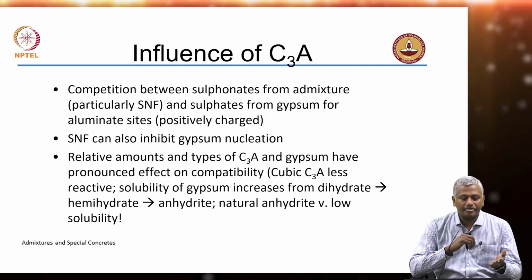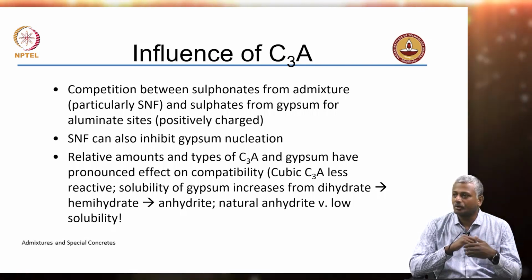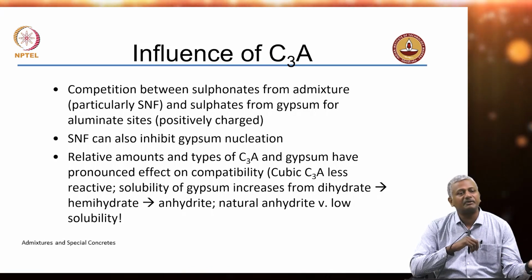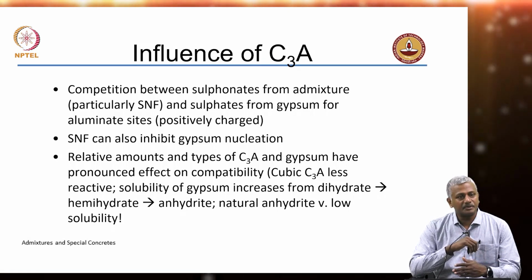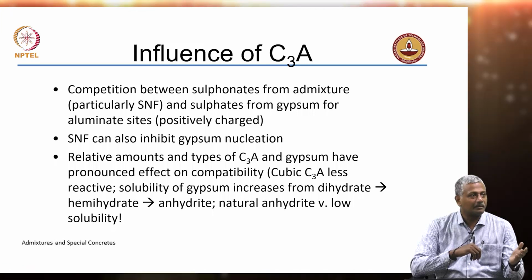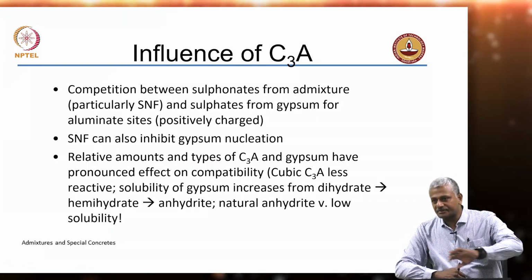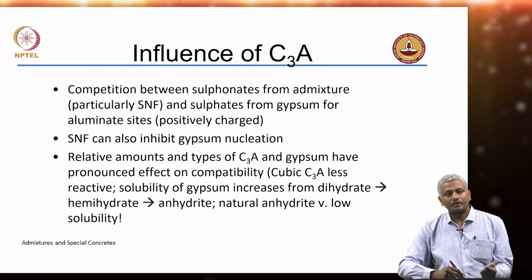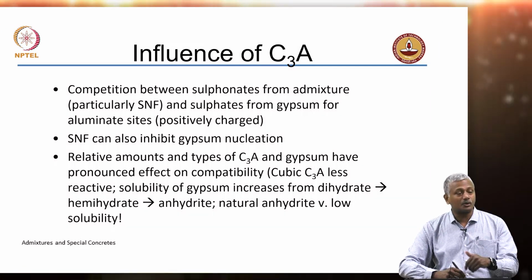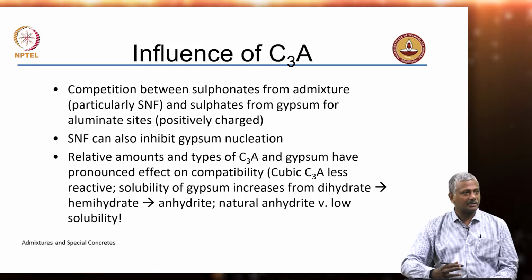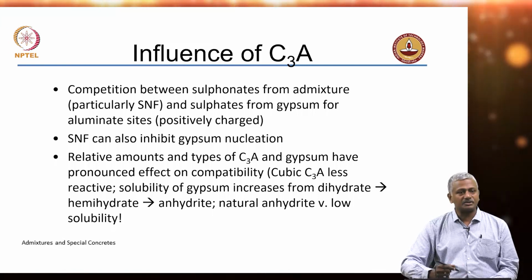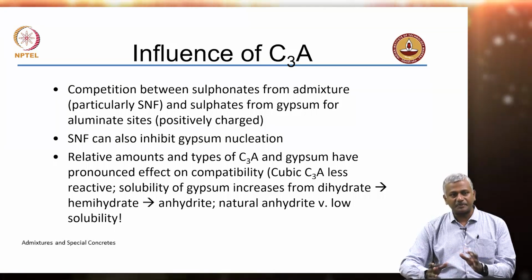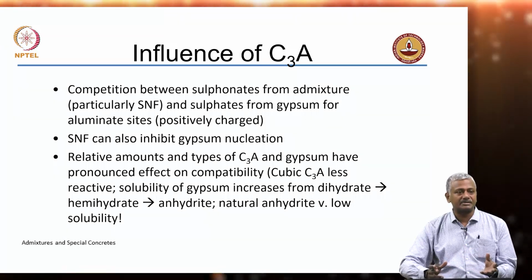So your sulfonate from the admixture, when it's going and attracting to the surface of C3A, it's preventing the reaction of gypsum with C3A, but at the same time the effectiveness of the admixture is also getting lost. So you are losing the admixture quickly, you are losing your slump, but you are also getting retarded set because your C3A is not available to react with the gypsum anymore, okay.